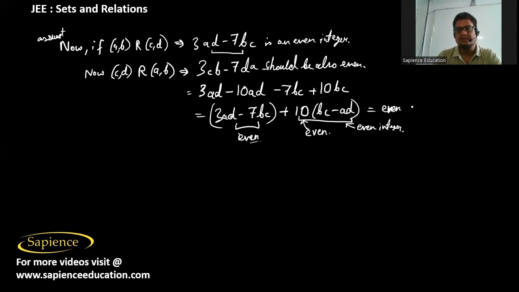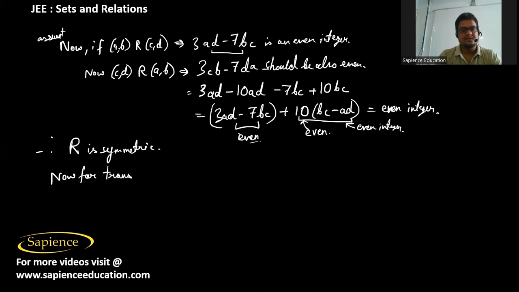So it will be an even integer. So hence, therefore, the relation R is symmetric also. Now transitive.